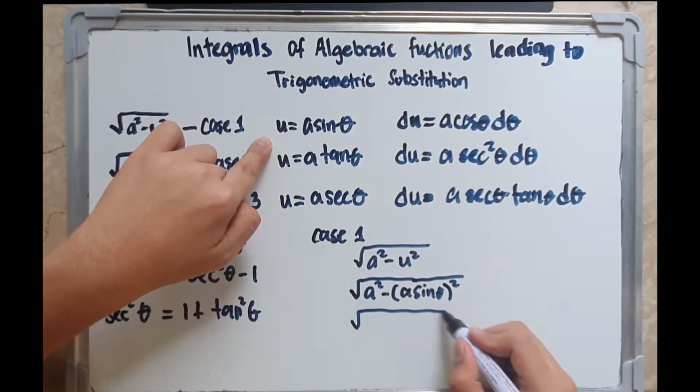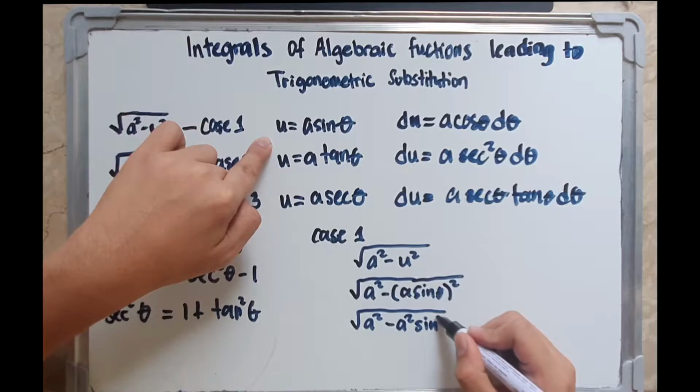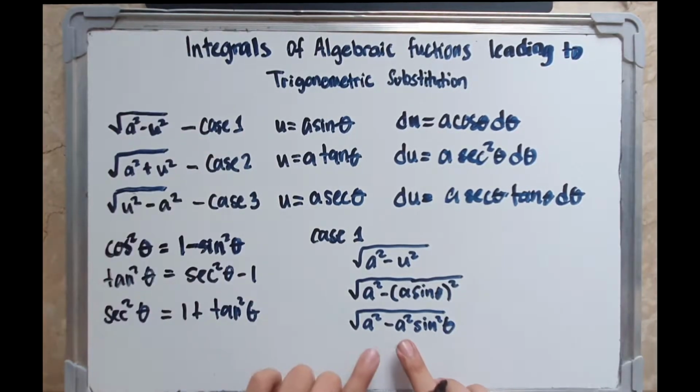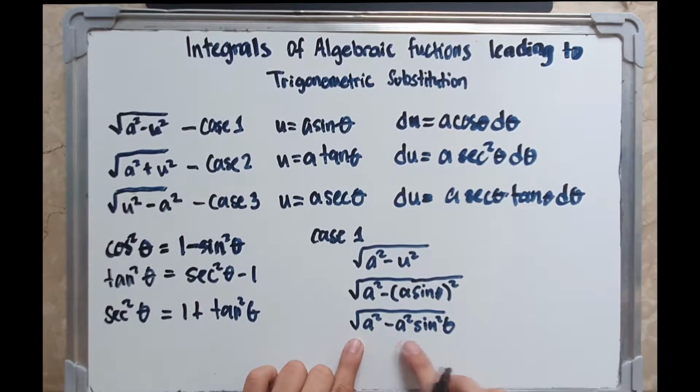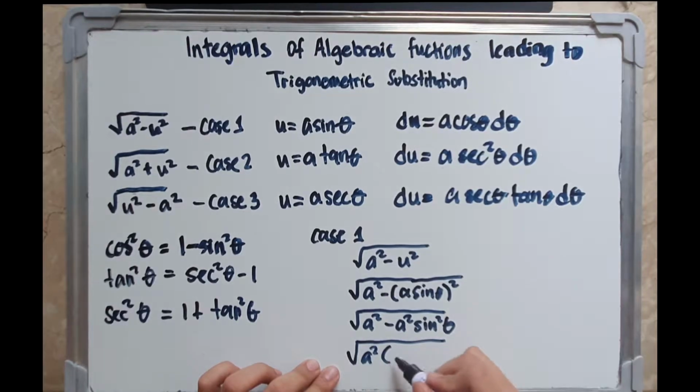So we now have a squared minus a squared sine squared theta. Notice we could factor out a squared from these two terms. We now have a squared times 1 minus sine squared theta.